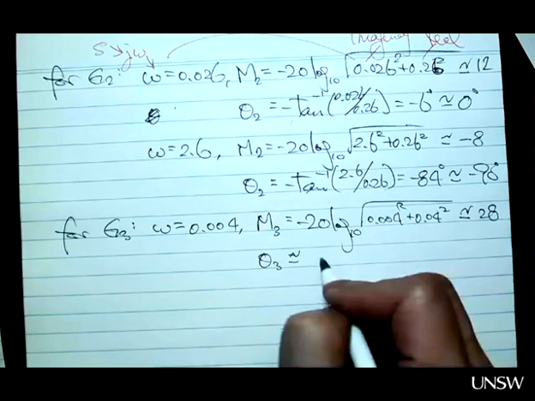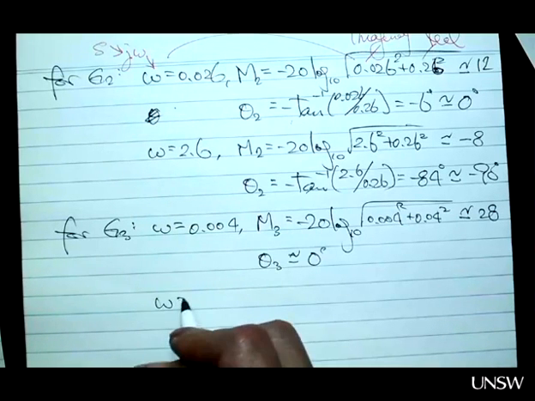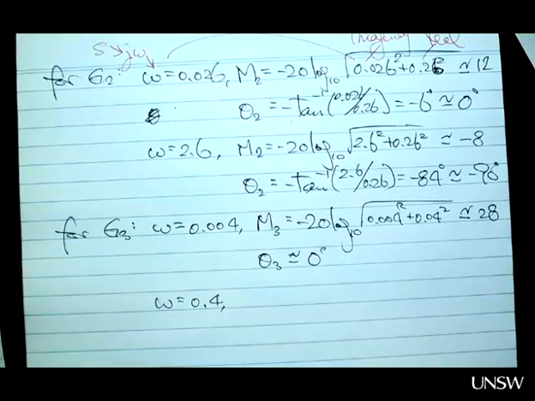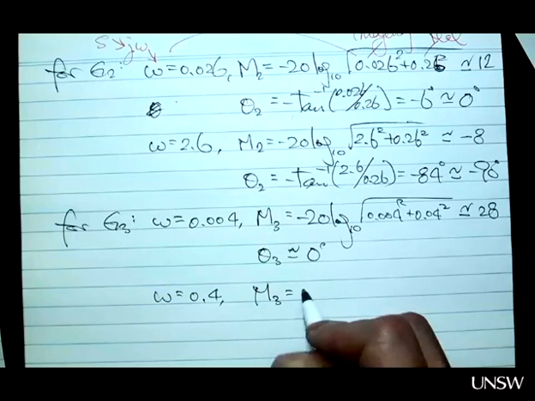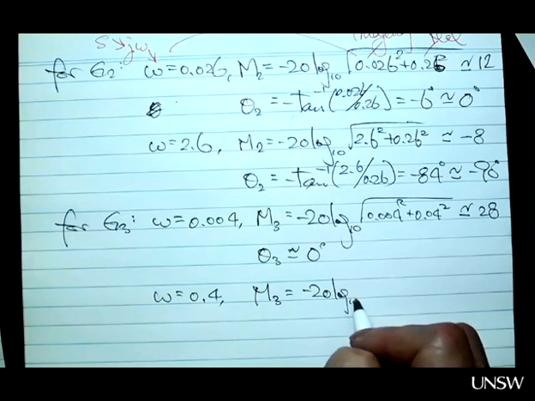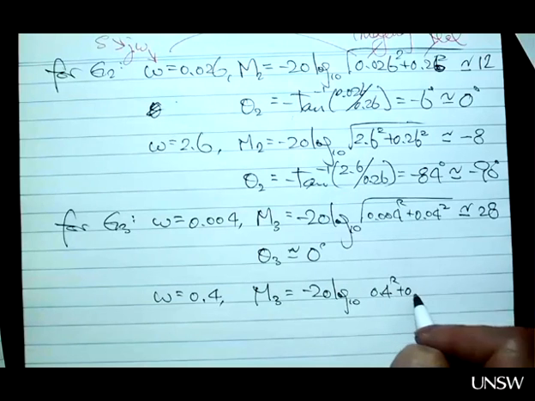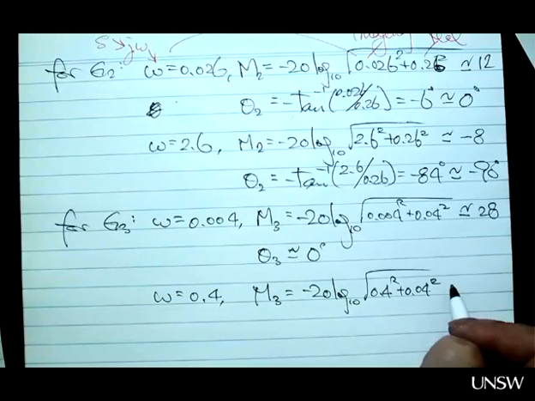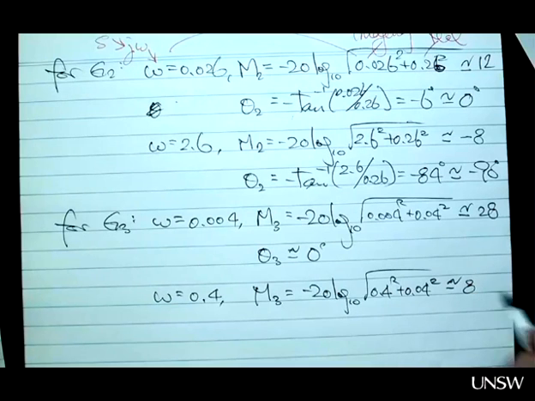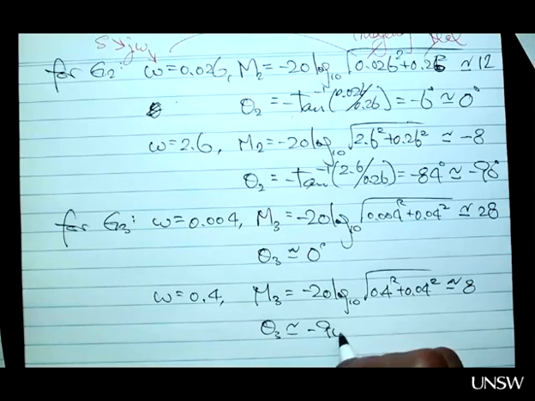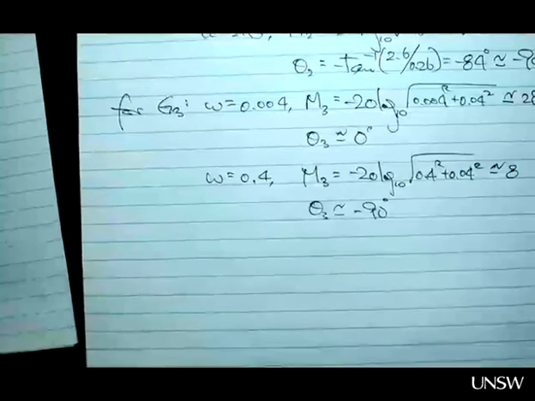And then omega equals 0.4, so it's approximately 8, and the angle is approximately 90. Okay, we have the magnitude and angle of the test frequencies.